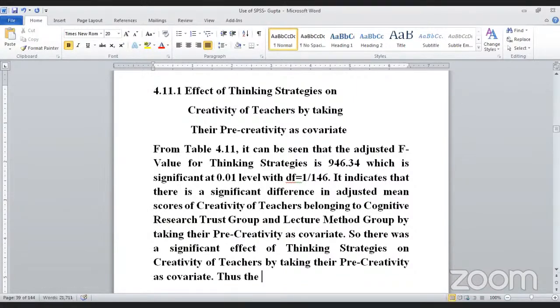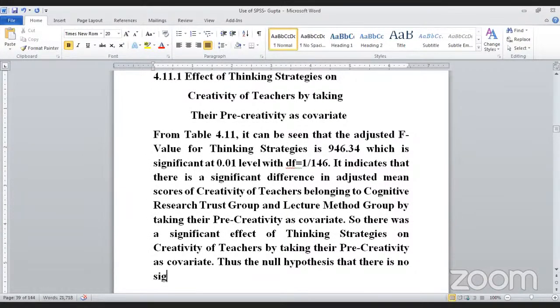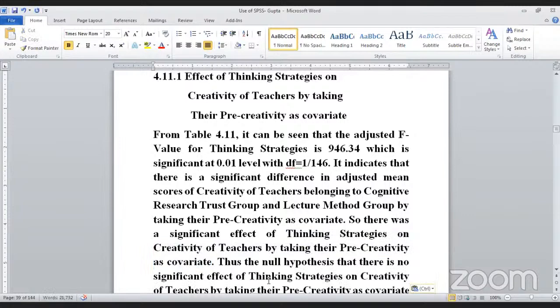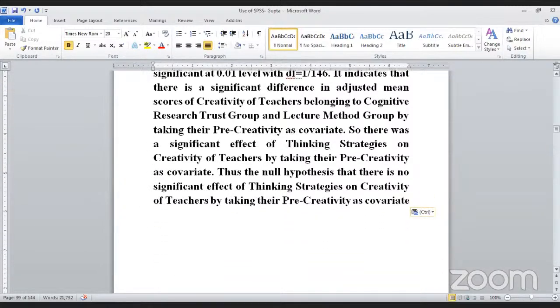Thus, the null hypothesis that there is no significant effect of thinking strategies on creativity of teachers by taking their pre-creativity as covariate is rejected. So your hypothesis has been tested.